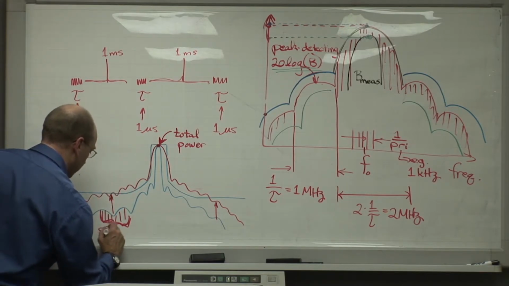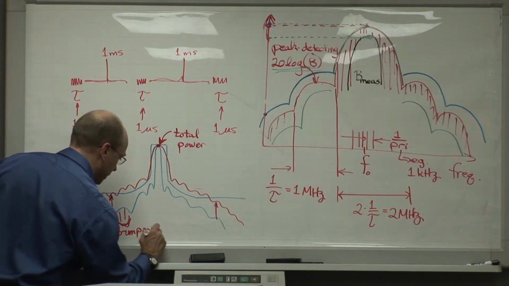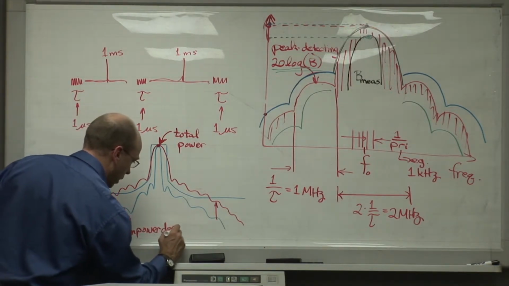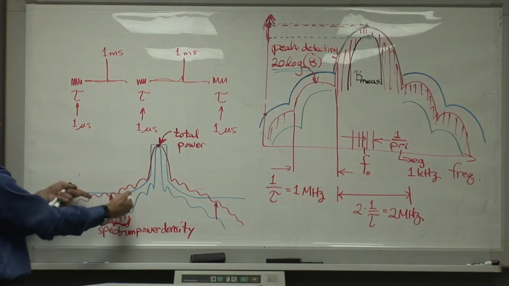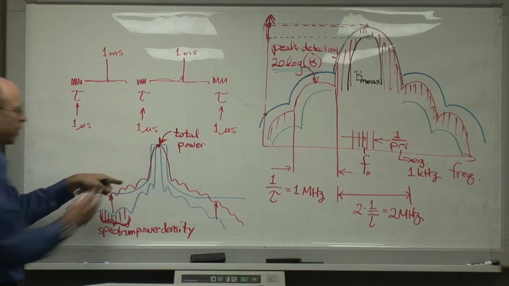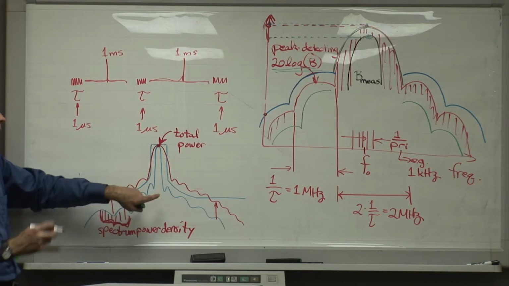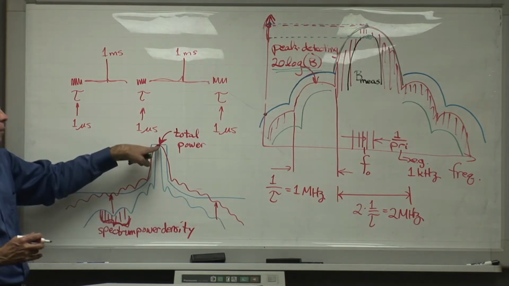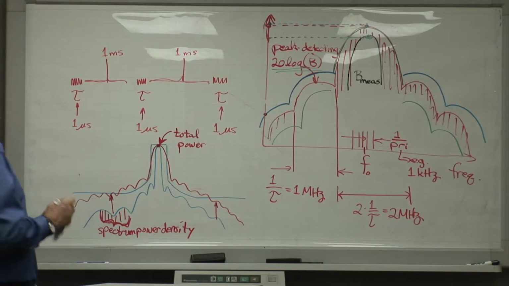So out here we're measuring spectrum power density instead of measuring total power. So you widen the bandwidth out here, you just get more and more power. Widen the bandwidth at the fundamental, you really don't get much more power because these are 20, 30, 40, 50, 60 dB down out here, and you add these little incremental amounts of power to all that power right there in that fundamental lobe, and you're not getting anything more to speak of.